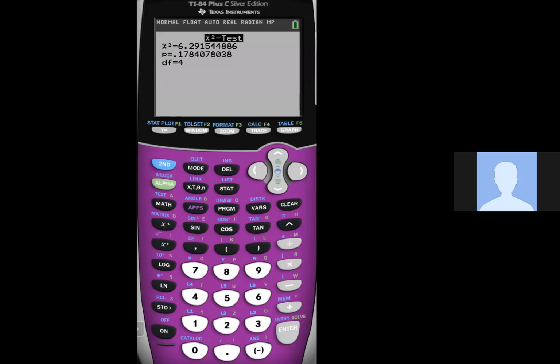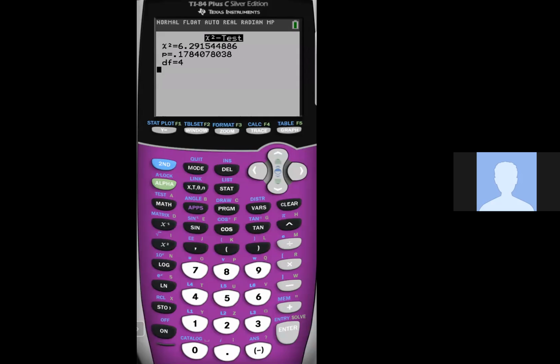So now that is the chi-square, the sum for that gigantic equation. And then the P is the p-value.